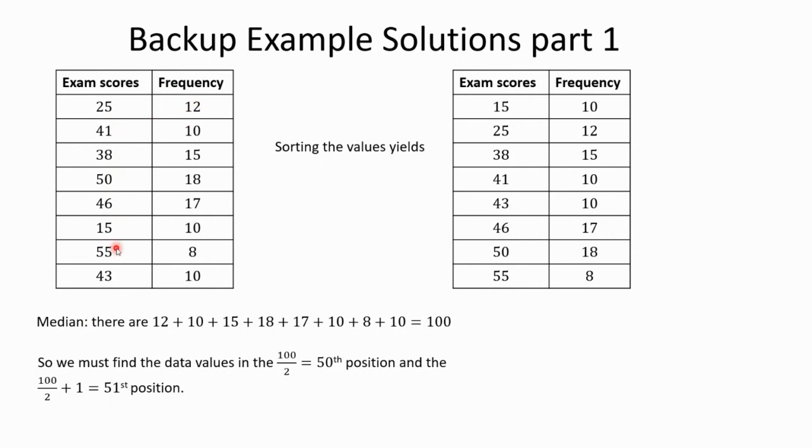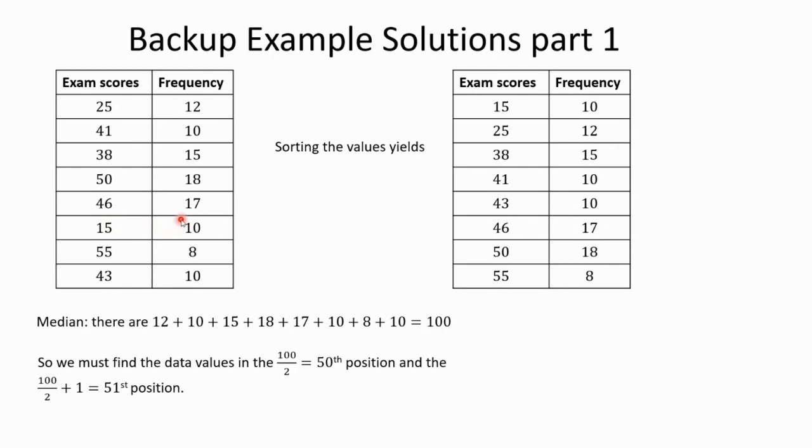So for instance, you can see from here probably that 15 is the smallest, but you're going to keep the frequency 10 with 15.